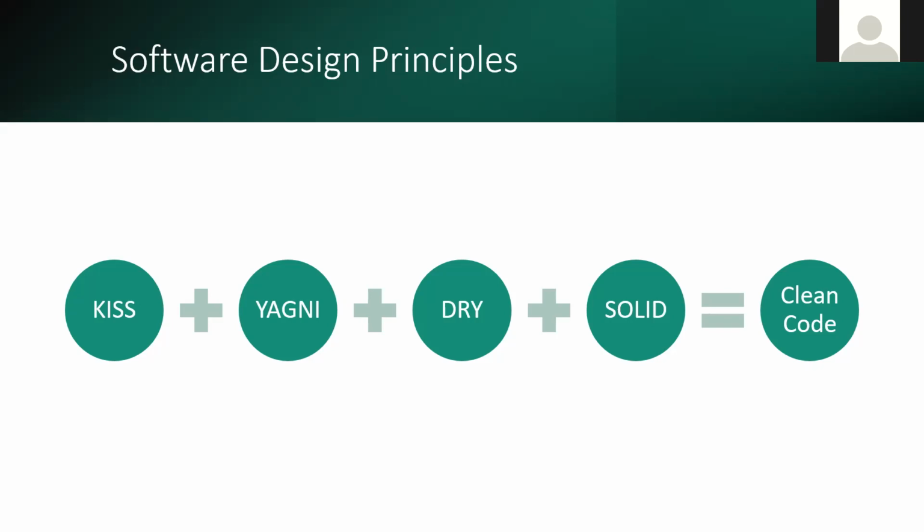Then we've got DRY, which stands for do not repeat yourself. This is very simple. When you write software, we said we don't want to reinvent the wheel. If you write a logic to calculate tax, so that logic to calculate tax for a given person should exist in one place in your code, because if you write that logic in 10 places, and then tomorrow your boss comes in and says, you know what, we actually want to change the way we calculate tax, now you've got a problem, because you've got that logic in 10, 20 places.